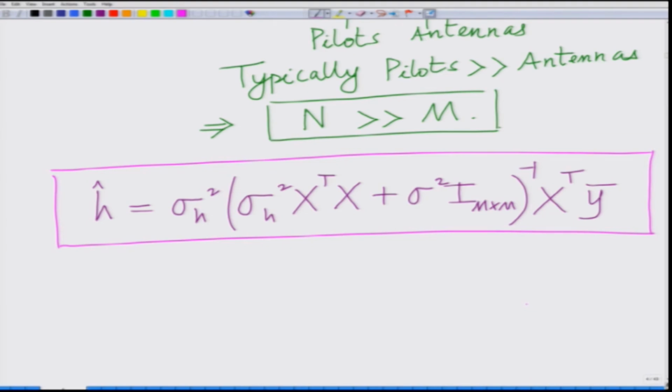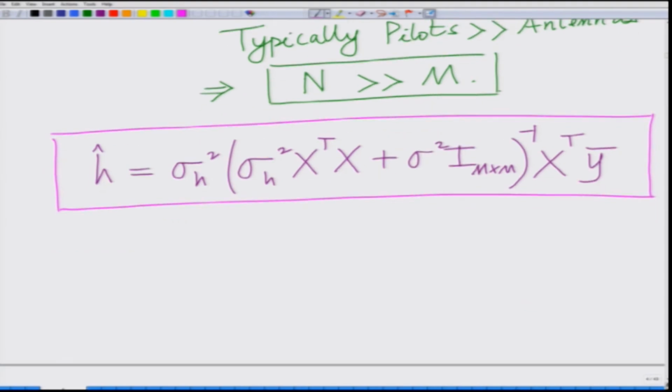And now, the additional thing that we can look at here is that for complex, I can simply replace the transpose by Hermitian. For a complex channel vector, this is the trick that we use fairly often.